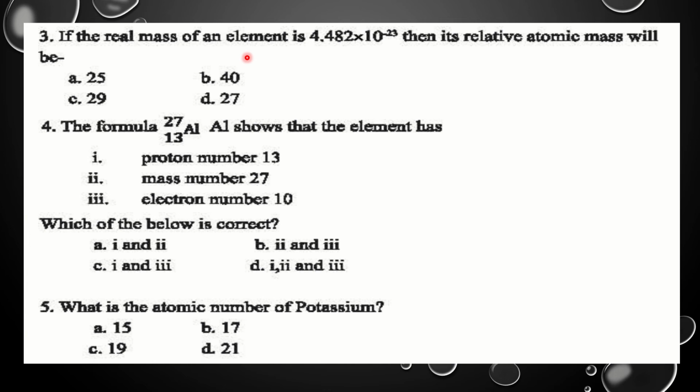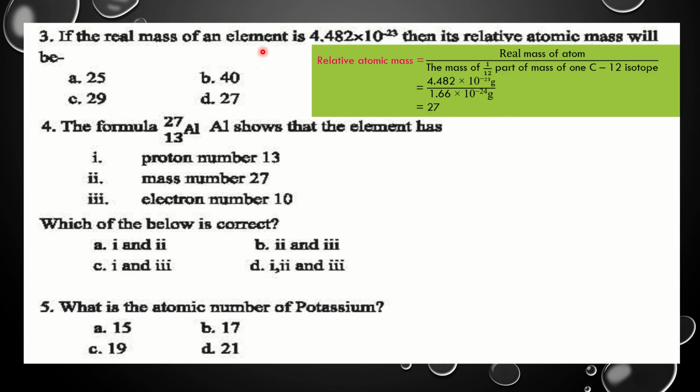Then we can get the relative atomic mass of that atom. So, the relative atomic mass of that atom equals the real mass of the atom divided by the mass of 1/12 part of one carbon-12 isotope. It comes to 27. So, the relative atomic mass of that atom is 27, option D.